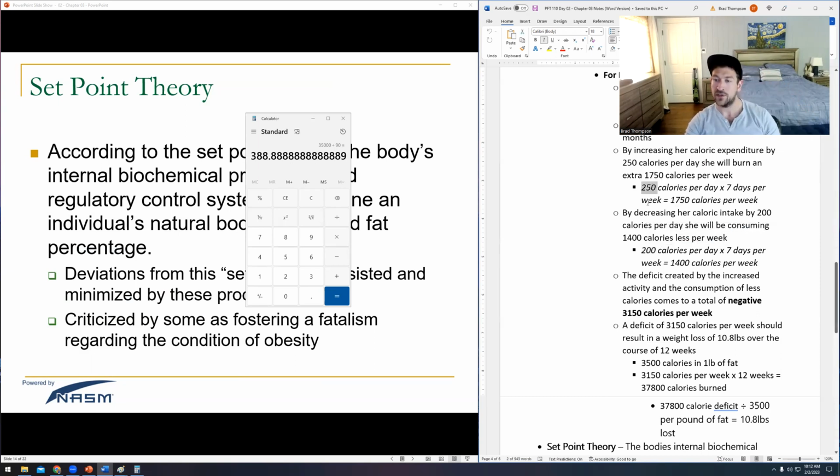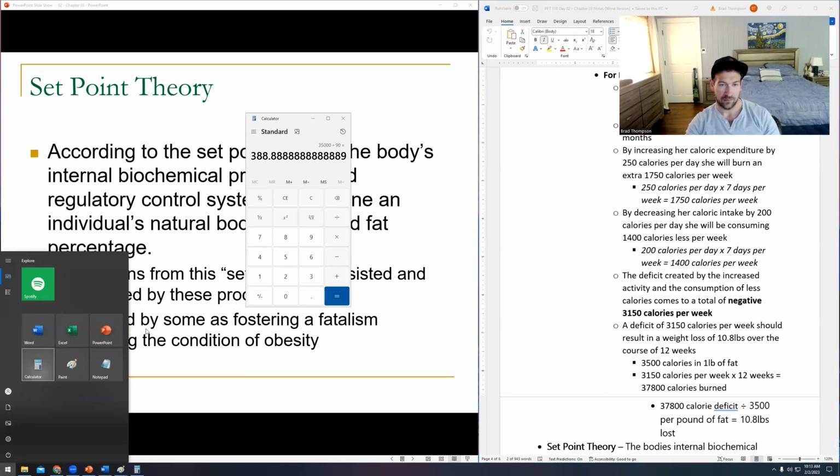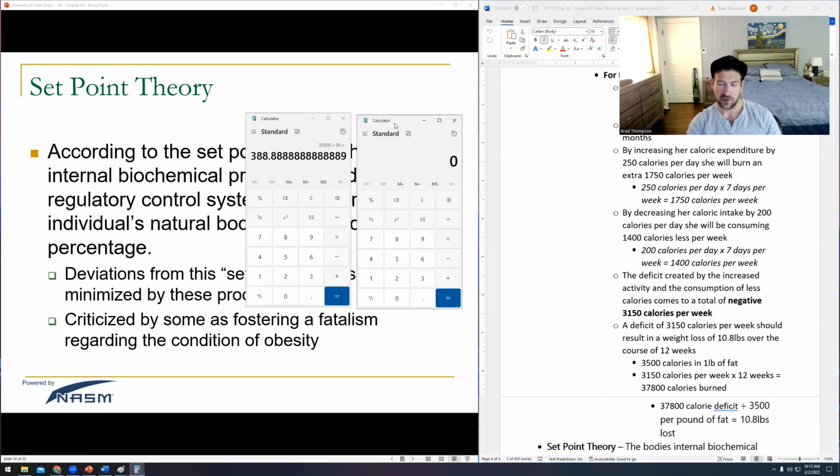So now 250 from the exercise, 200 from the food, that's 450 total calories. And that's every day. So 450 times 7 days a week, that's 3,150 calories that we are creating as a deficit per week, right?